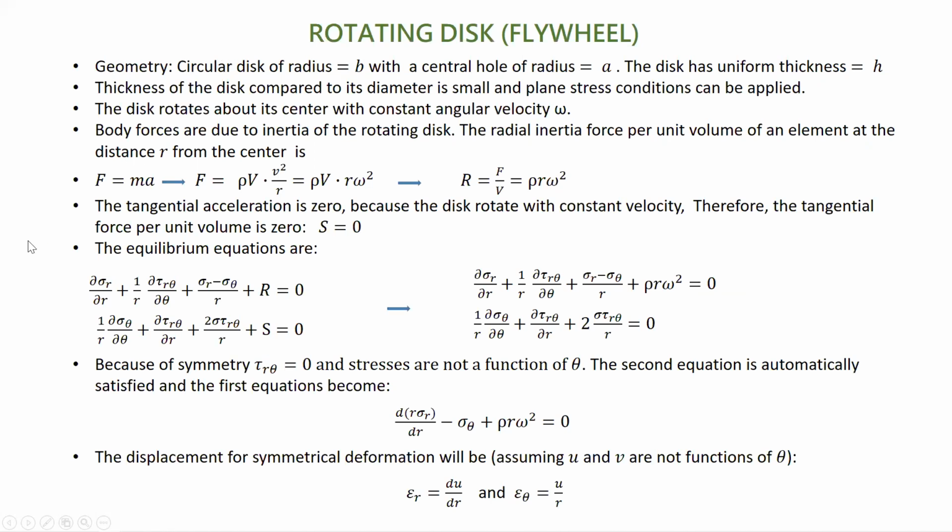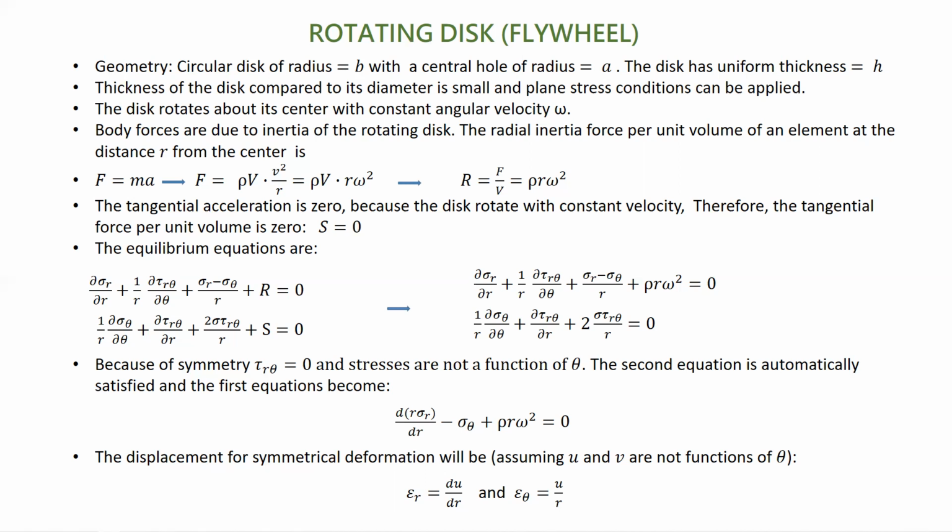The next problem I would like to address here is the case of a rotating disk, which is a flywheel. It's a very practical problem. A turbine, a flat flywheel that is rotating at a very high speed. As a result of it, we generate inertia forces.